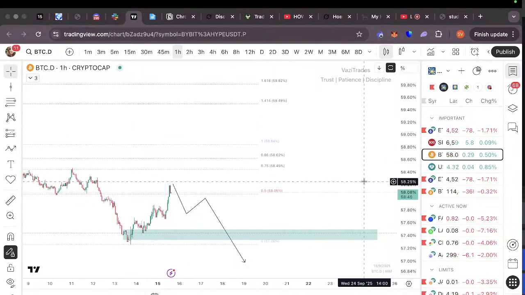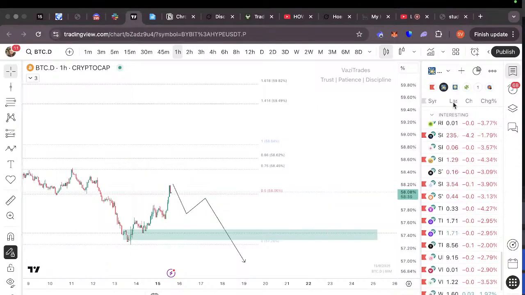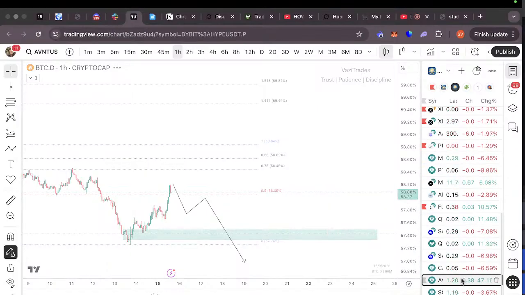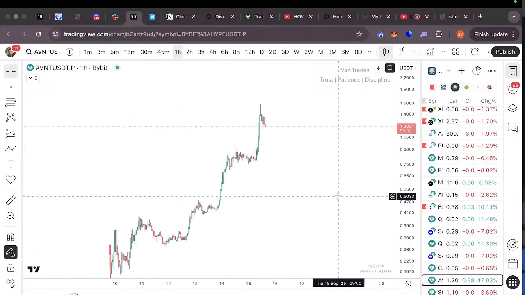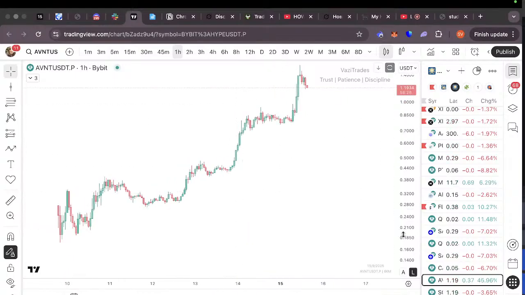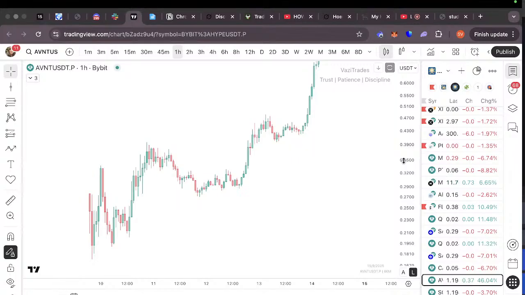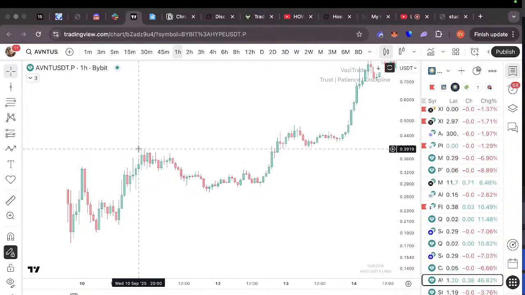If I see, let me show you an example on which coin to take. Let's take this coin. Okay, it's been pumping nicely, so this is a nice example. So let me show you. Let's say this coin was listed, it did pump.